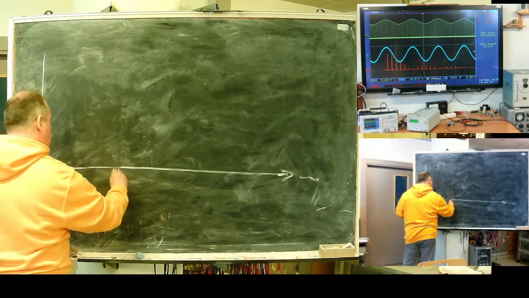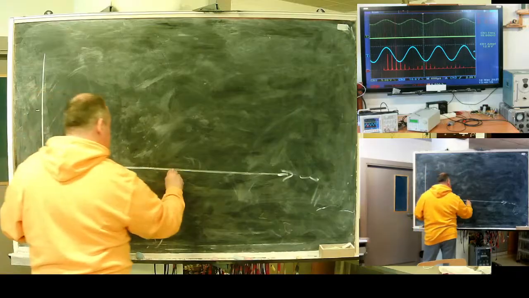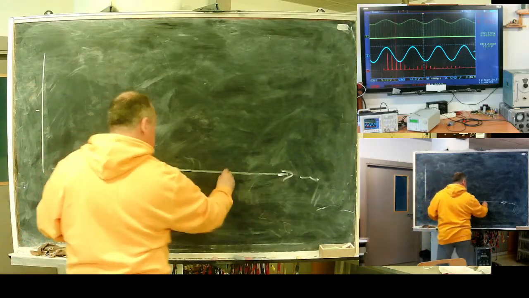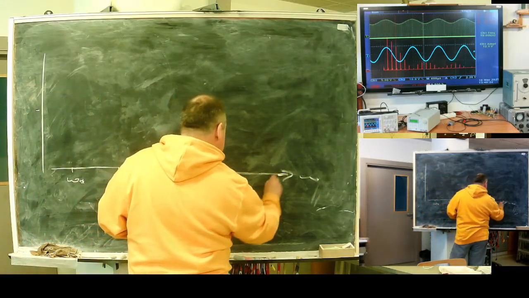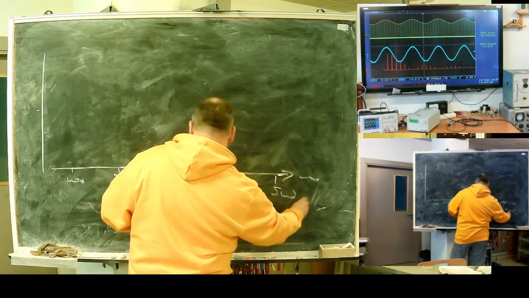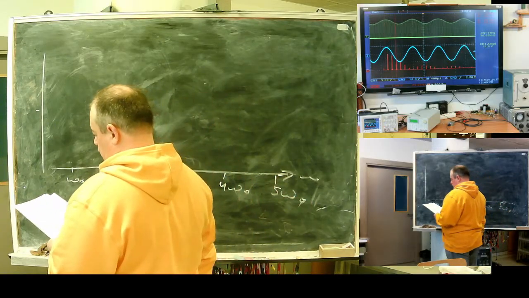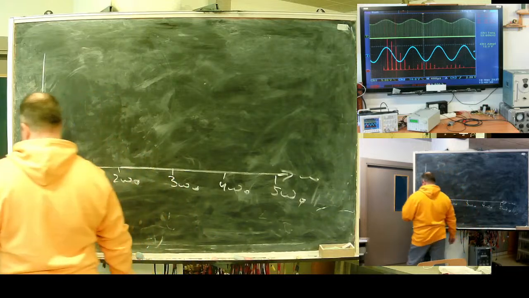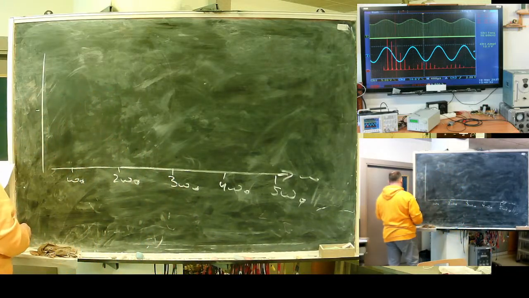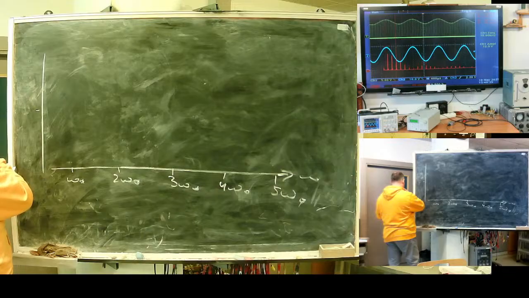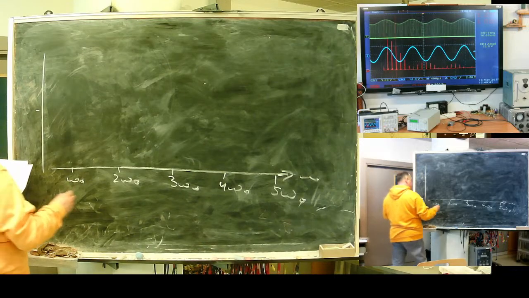Omega 0, double omega 0, triple omega 0, quadruple omega 0, 5 times omega 0. Somewhere here.